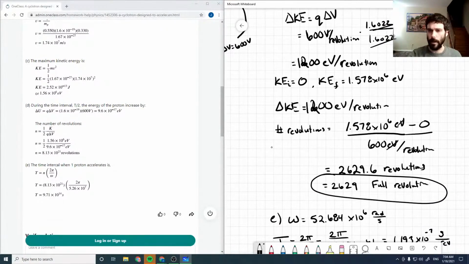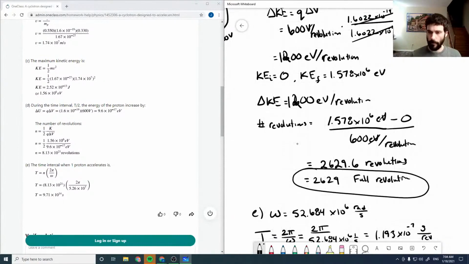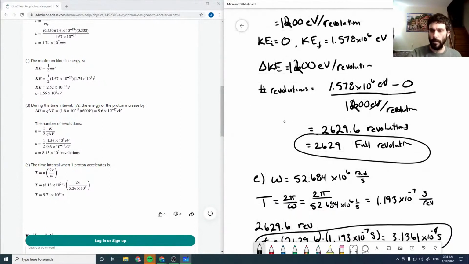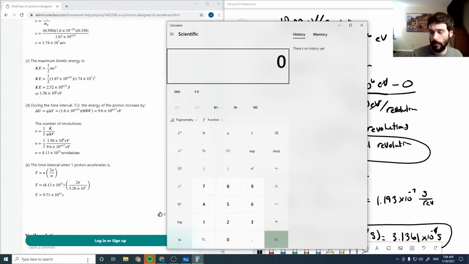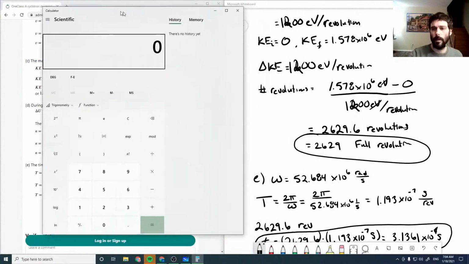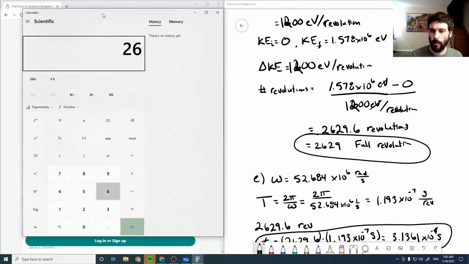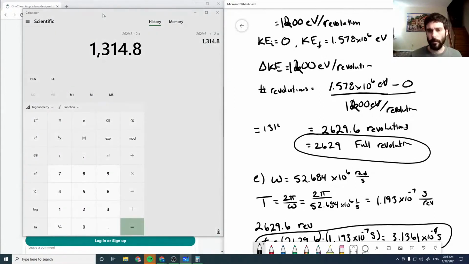So then the number of revolutions here actually halves. So my apologies here. It should be just 2629.6 divided by 2. So this actually should be 1314.8, or 1314 full revolutions.